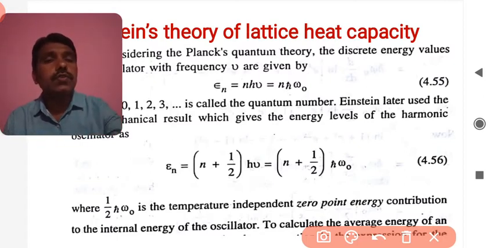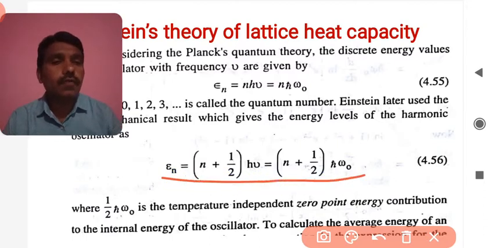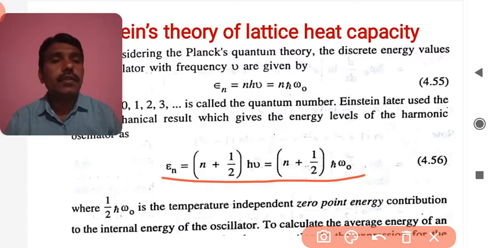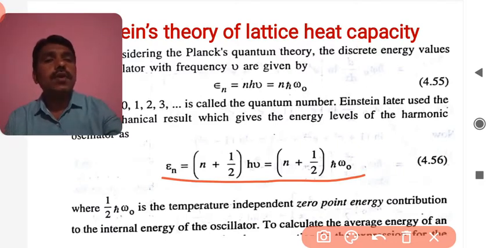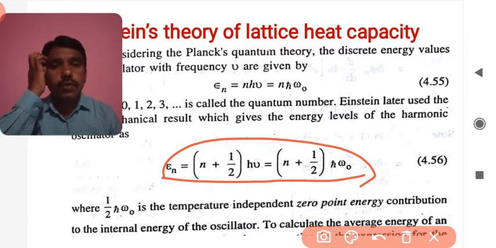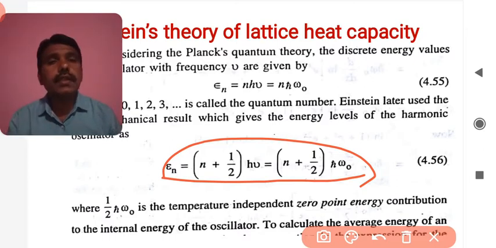So epsilon is given by n plus half, h cross omega 0, that is, n plus half into h mu is converted into n plus 1/2 into h cross omega 0. Here the half h cross omega 0 is the temperature independent zero point energy contribution to the internal energy of the oscillator.